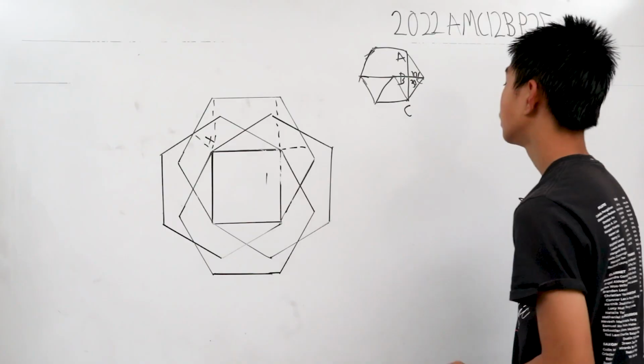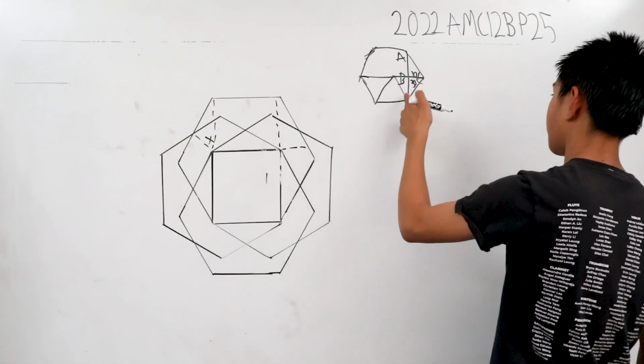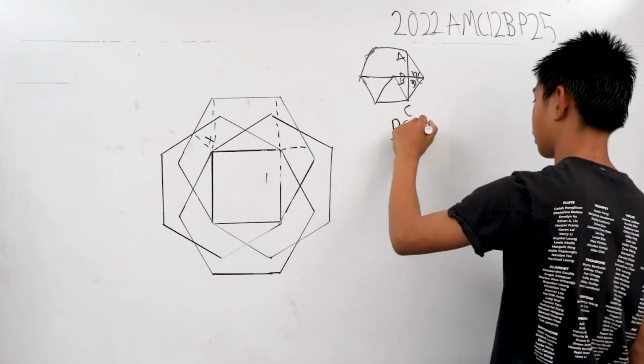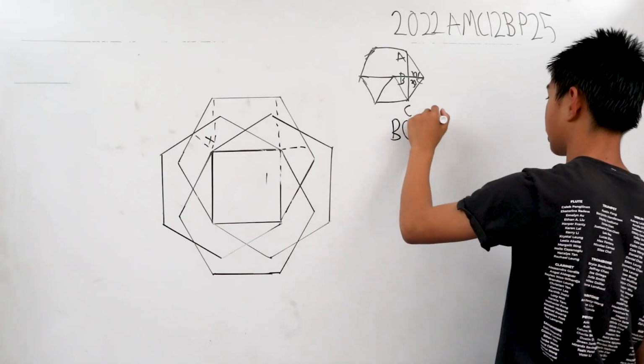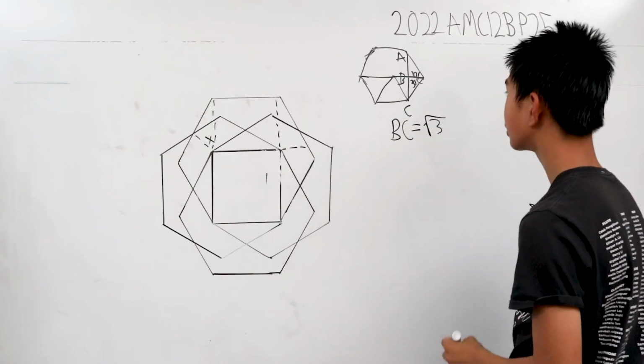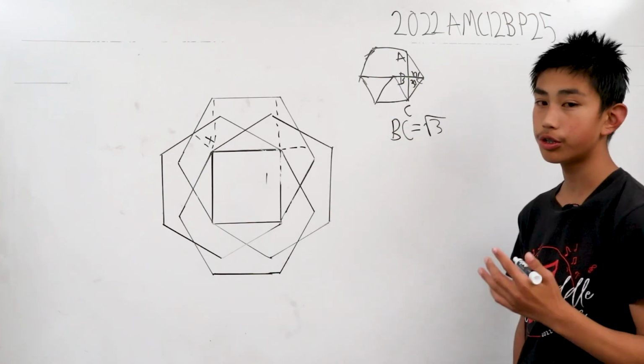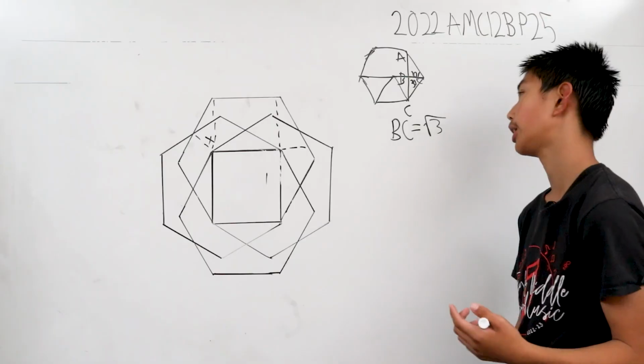So we can find that this length BC is equal to the square root of 3. So we know that the whole length of AC is equal to 2 times the square root of 3.